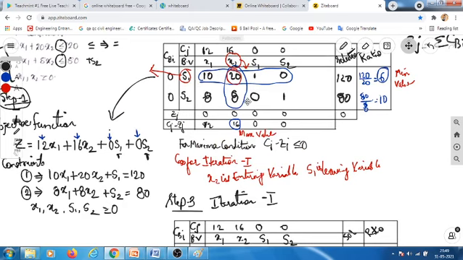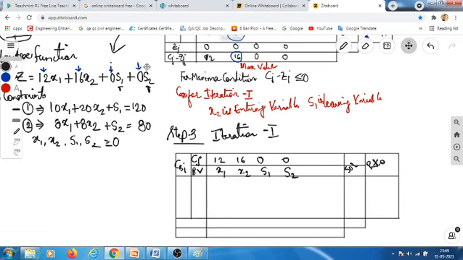So, instead of s1, write x2, because x2 was entering and s1 was leaving. So, we need to write x2 over here.